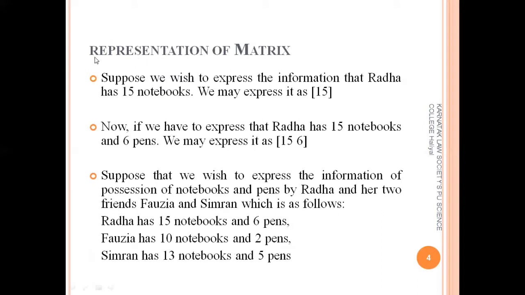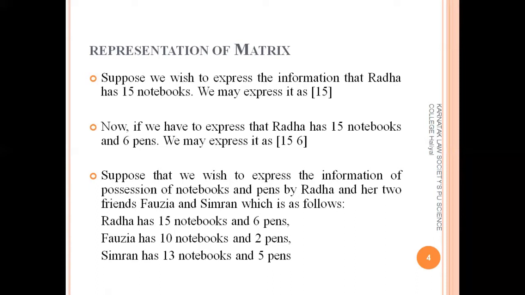Next, representation of matrix. So, how to represent the matrix we will discuss. Suppose we wish to express the information that Radha has 15 notebooks. We may express it as [15] by using a pair of closed rectangular braces.